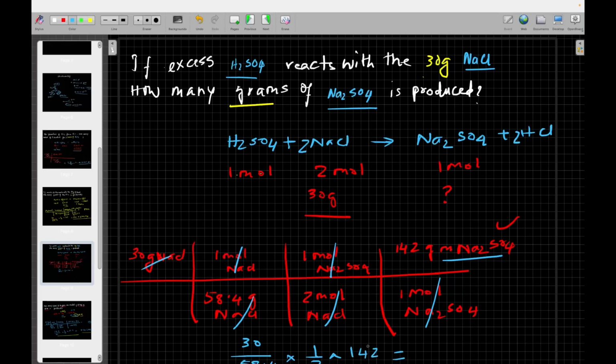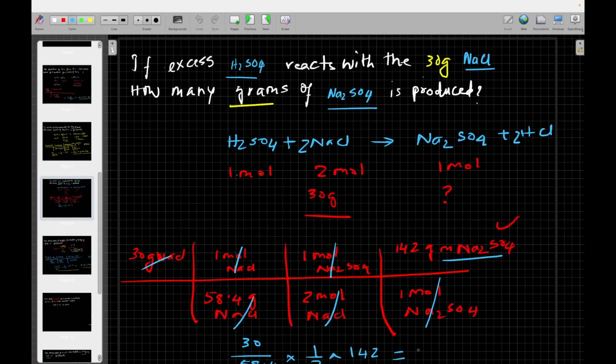If we calculate, we get the final answer: 36.4 grams of sodium sulfate. So 30 grams of sodium chloride, when reacted with sulfuric acid, produces 36.4 grams of sodium sulfate.